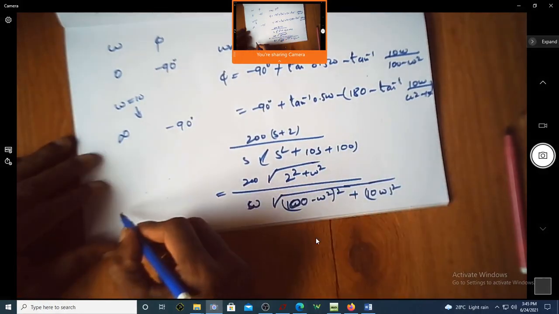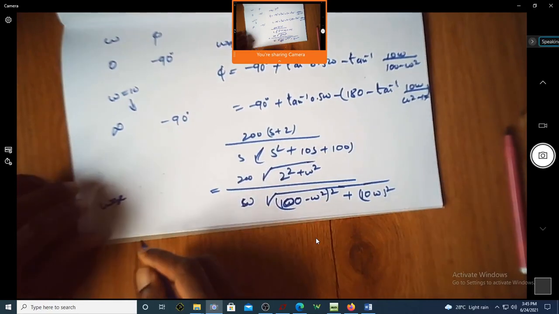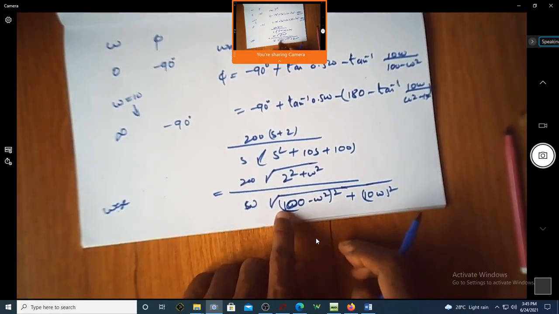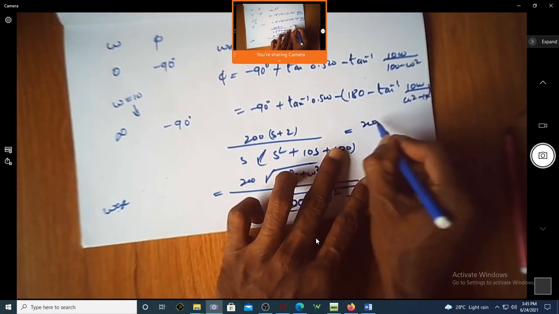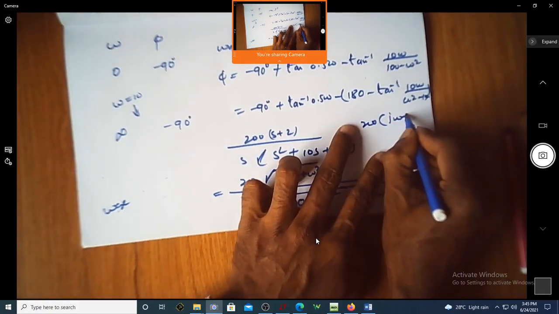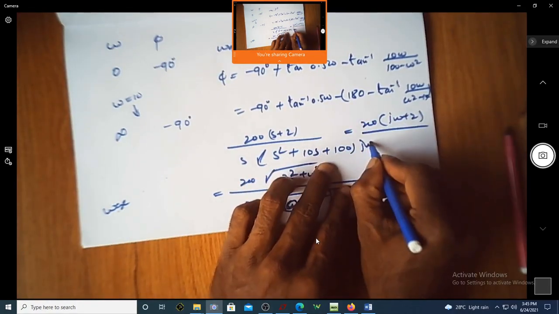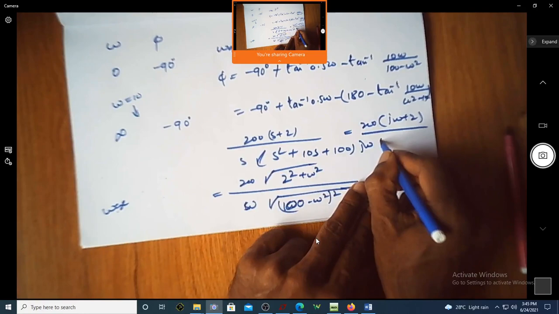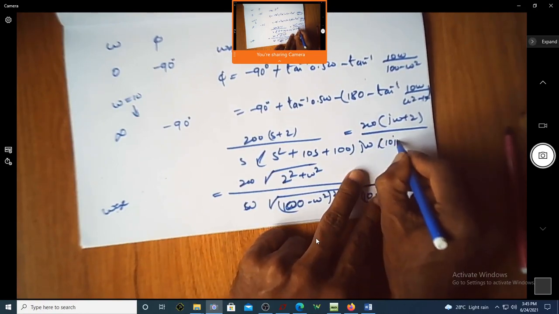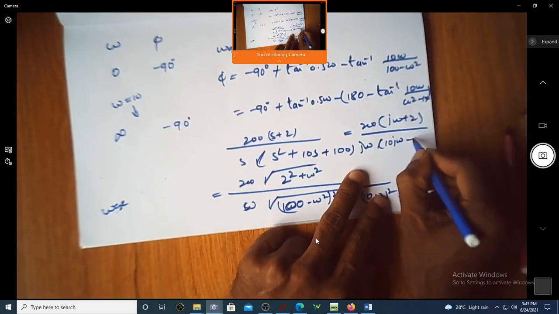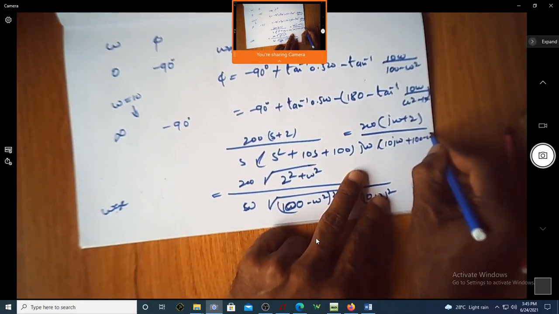So shall we find what is omega GC? How do you find omega GC? Is this equation fine? What you have now here is 200 j omega plus 2. This is j omega. And this is 10 j omega plus 100 minus omega square.